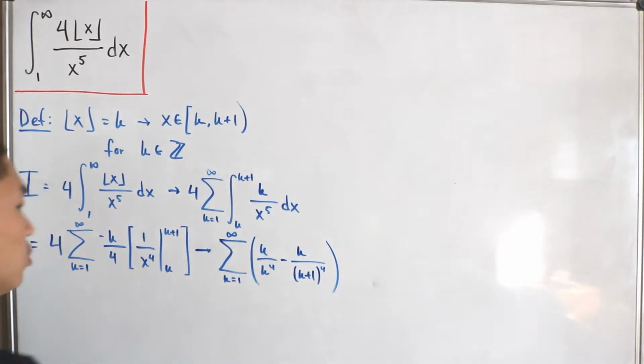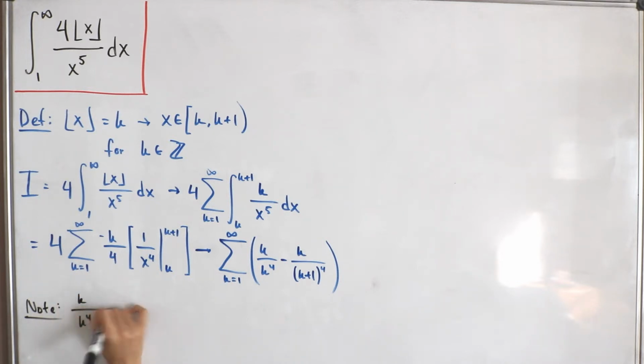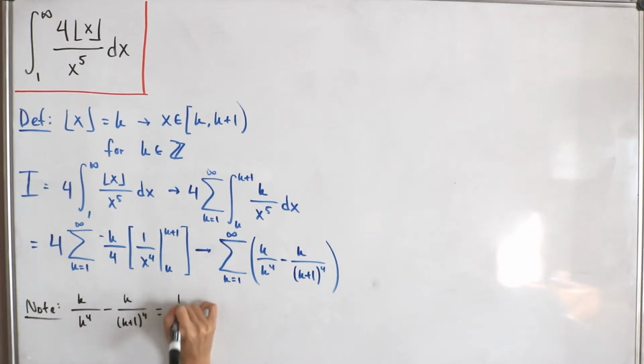So let's do a little bit more observation. We note the following: k divided by k to the power 4, then subtract k divided by k plus 1 to the power 4. We can do a little bit of simplifying. For one, k divided by k to the power 4 is just 1 divided by k cubed. Then we can fix the numerator for our k plus 1 to the power 4 denominator.